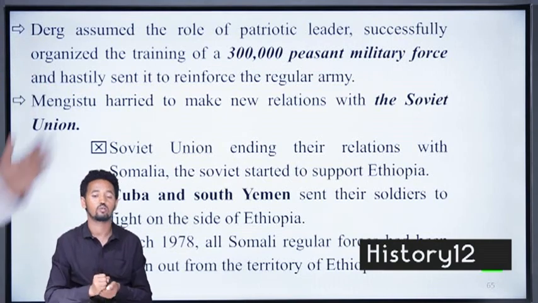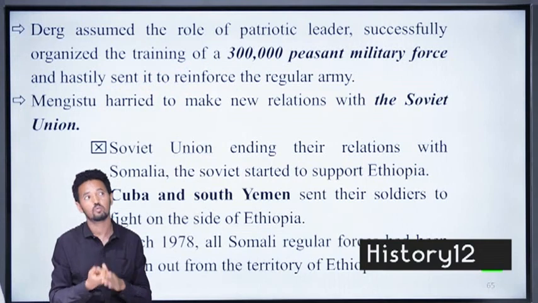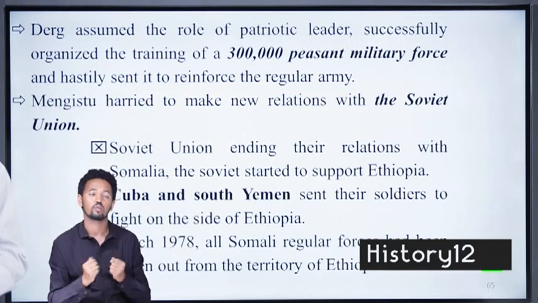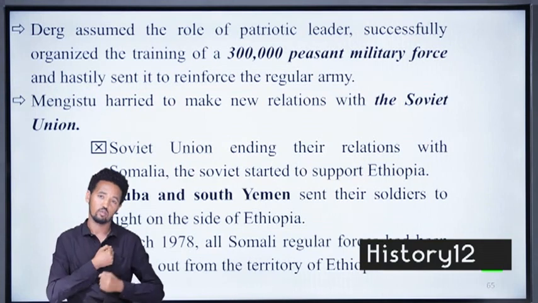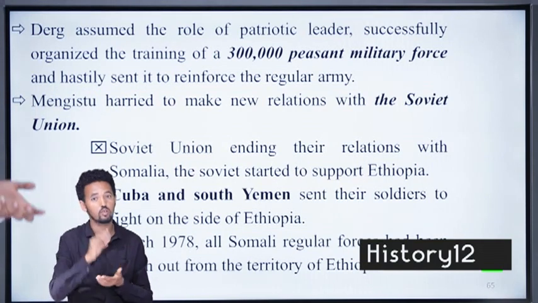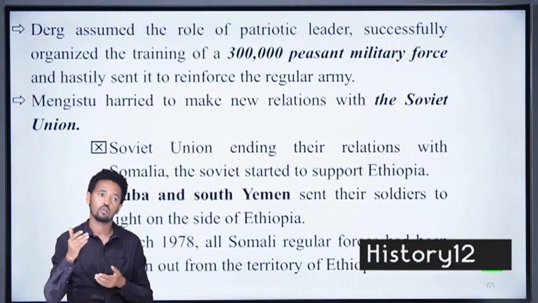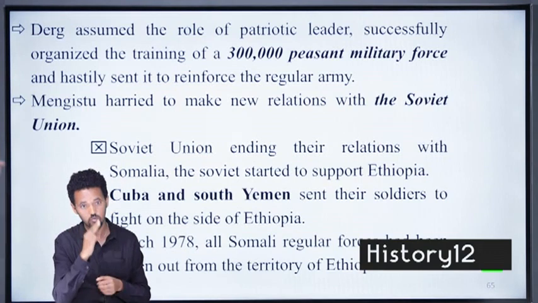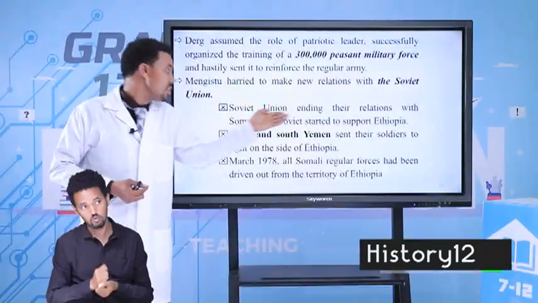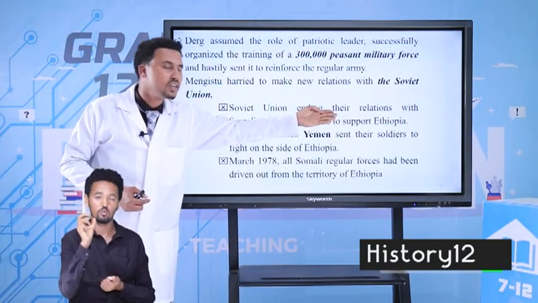It organized the training of 300,000 peasant military force and hastily sent it to reinforce the regular army. Mengistu hurried to make a new relation with the Soviet Union, because the Soviet Union was formerly the supporter of Somalia. Later, the Soviet Union got involved on the side of Ethiopia, ending their relation with Somalia and starting to support Ethiopia.